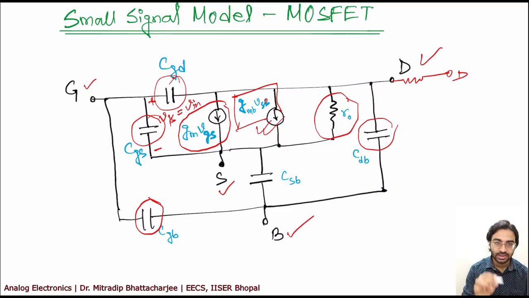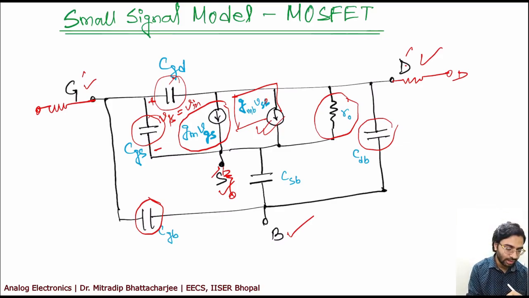Just like in the BJT I showed B dash, E dash, C dash, if you consider D dash, G dash, S dash, which are all internal terminals, there will be resistances there. However, you can ignore those resistances here, but if required you can also put them. I am just putting them over here for your knowledge. So this is your small signal model of the MOSFET.